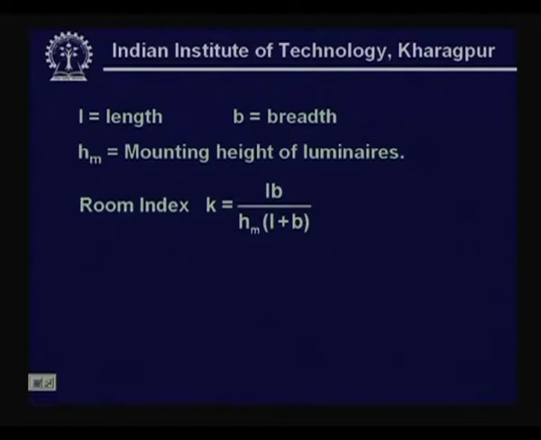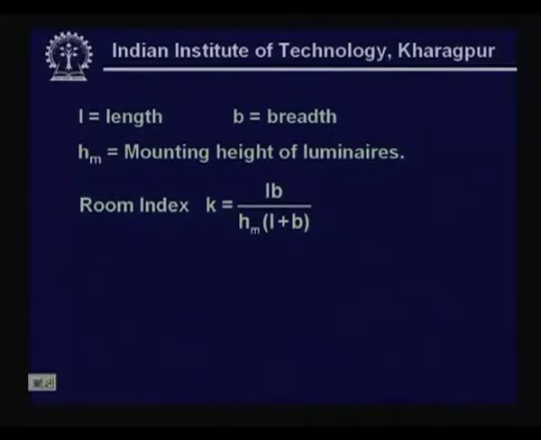As I told you, these days for most interior lighting, the mounting height would be the same as the ceiling height or the height of the false ceiling, because they are not so high buildings. The ceiling height is quite small these days. So, the room index, as can be seen, is the product of the area, length into breadth, and depending on the mounting height.